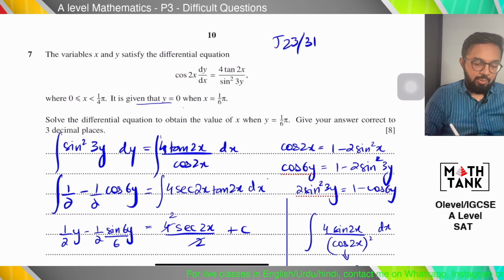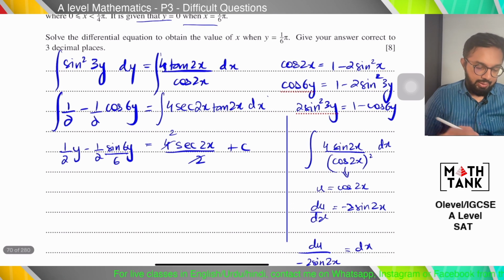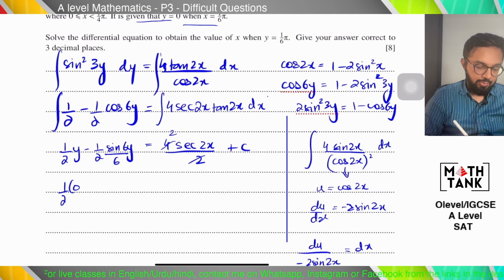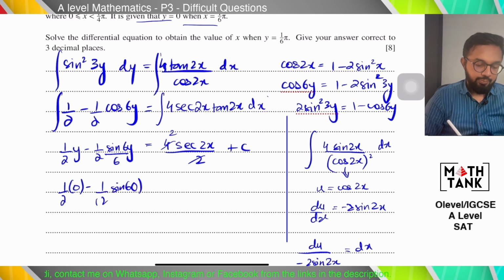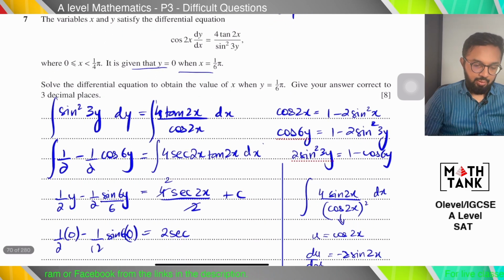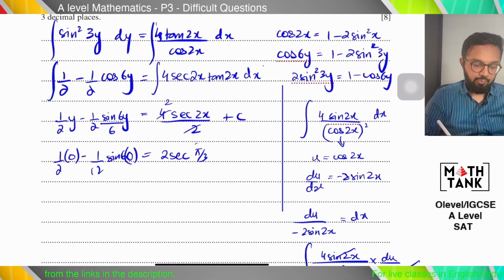It is given that y equals 0 and x equals pi over 6. So half into 0 minus 1 over 12 sine 6 into 0 equals 2 sec pi over 3 plus c.